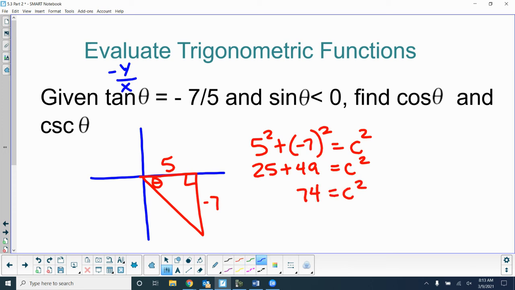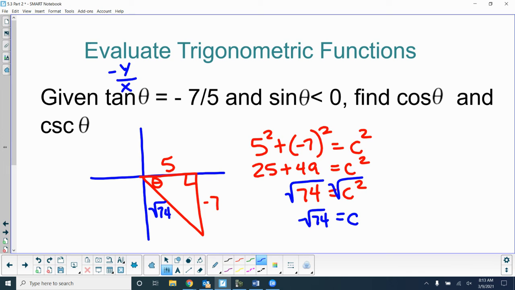So remember, I'm going to take the square root for c. This is just saying the sign is negative. Opposite negative 7 over hypotenuse, the square root of 74. A negative divided by a positive is a negative, right? So I'm in the right spot.